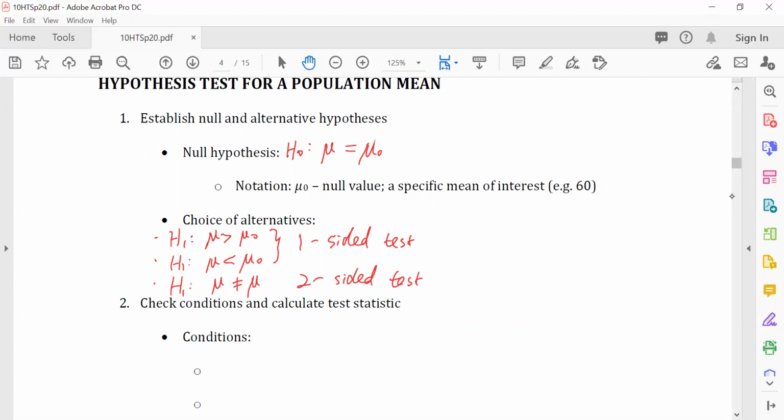When you construct your alternative hypothesis, you will just choose one of those 3 based on the context of the question. So that's the first step, establish null and alternative hypothesis.